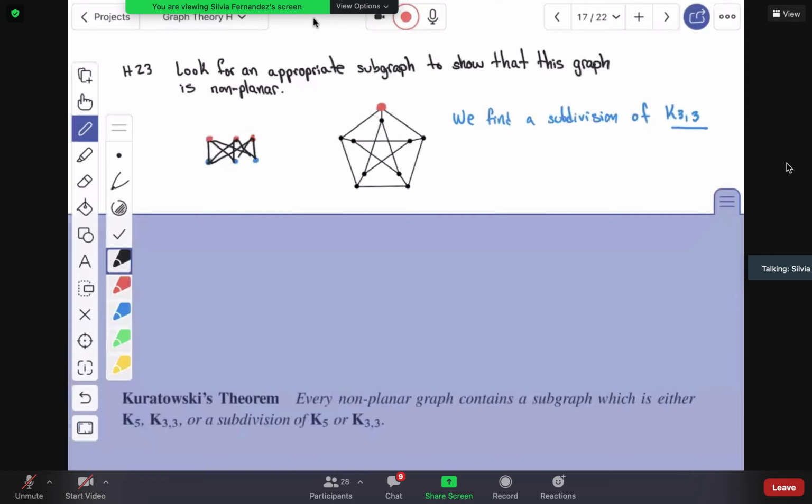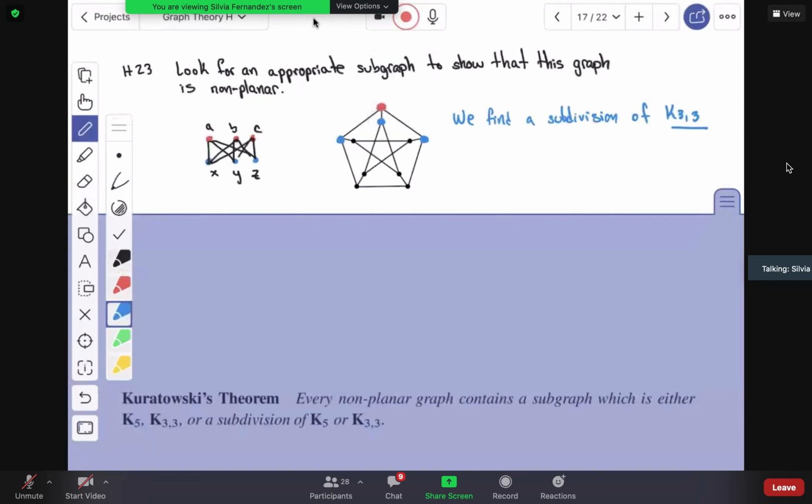I'm going to label them A, B, C, and X, Y, Z. That's what I'm trying to find in my graph, with the only possibility of adding some green ones, some subdivisions. I don't know if it's going to work, but I'm going to try making the 3 that it is adjacent to blue.